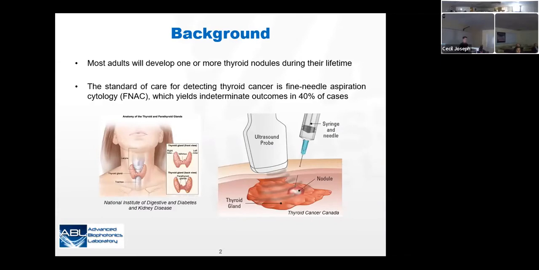As a result, thyroid cytology has what are called indeterminate outcomes in up to 40% of cases. What that means is that the cells that you're looking at under the microscope on this slide cannot be reliably distinguished as being cancerous or benign. They're sort of from these gray zone lesions.